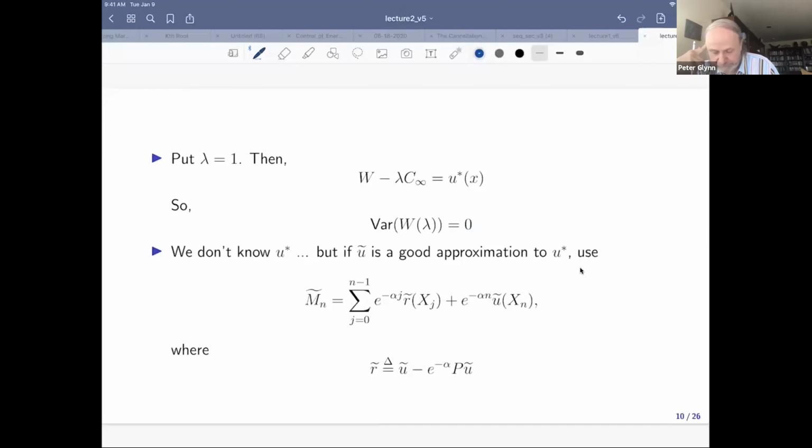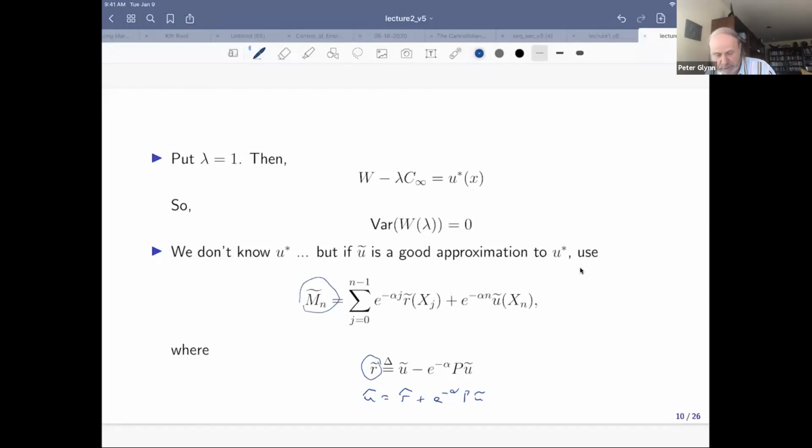If we can do that, then we're going to use this martingale instead, involving the u tilde in place of u star and involving an r tilde instead of the original reward function. And what is the r tilde? The r tilde is just what it needs to be in order for u tilde to satisfy the same type of linear system that we discussed earlier for the original problem.